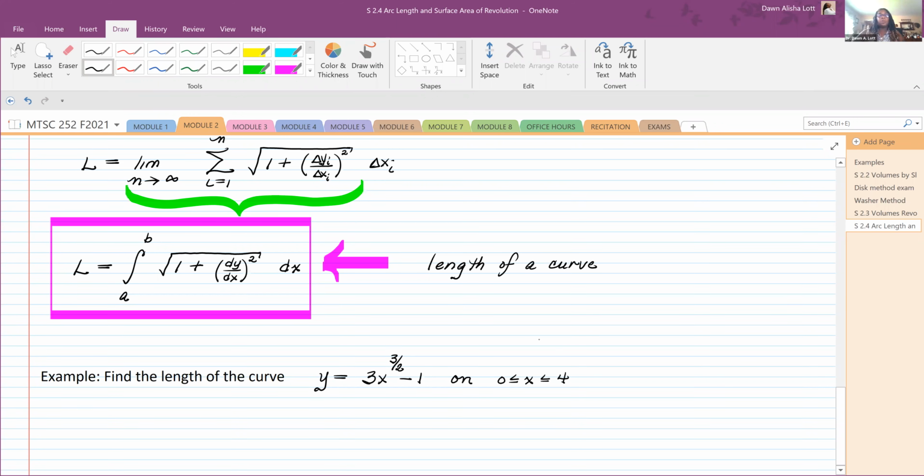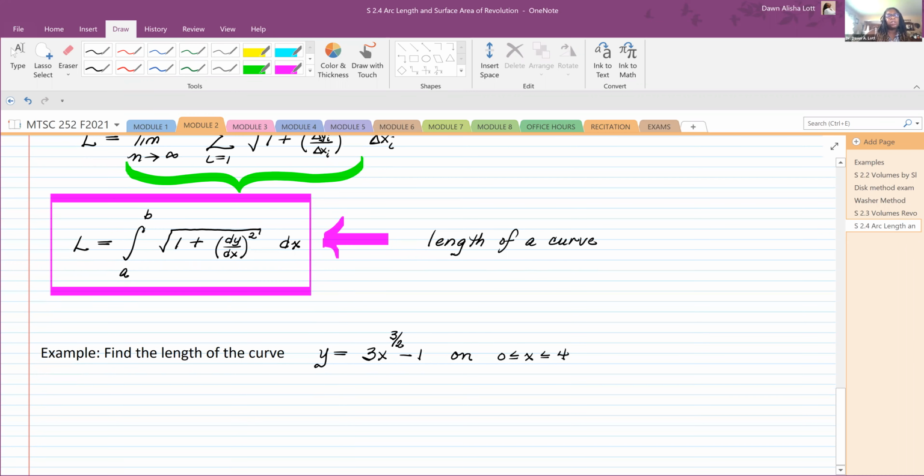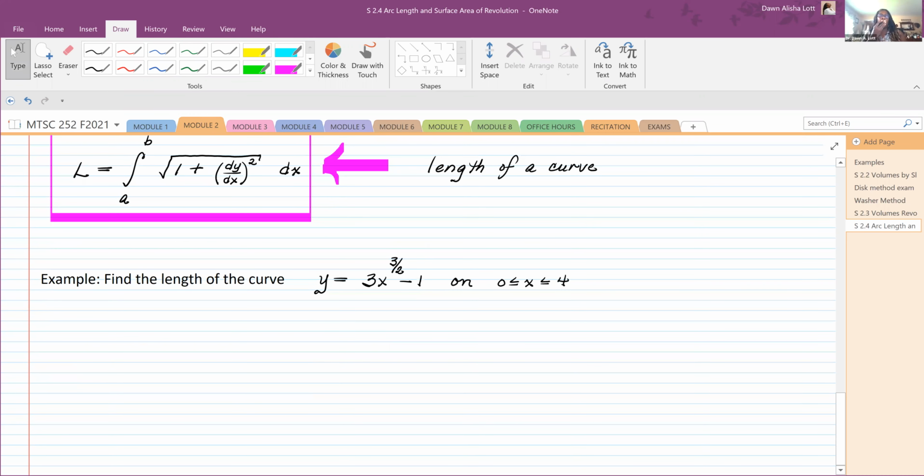Now, I actually don't know what that curve looks like, and I don't have a picture, but I can find the length of it because it's easy.